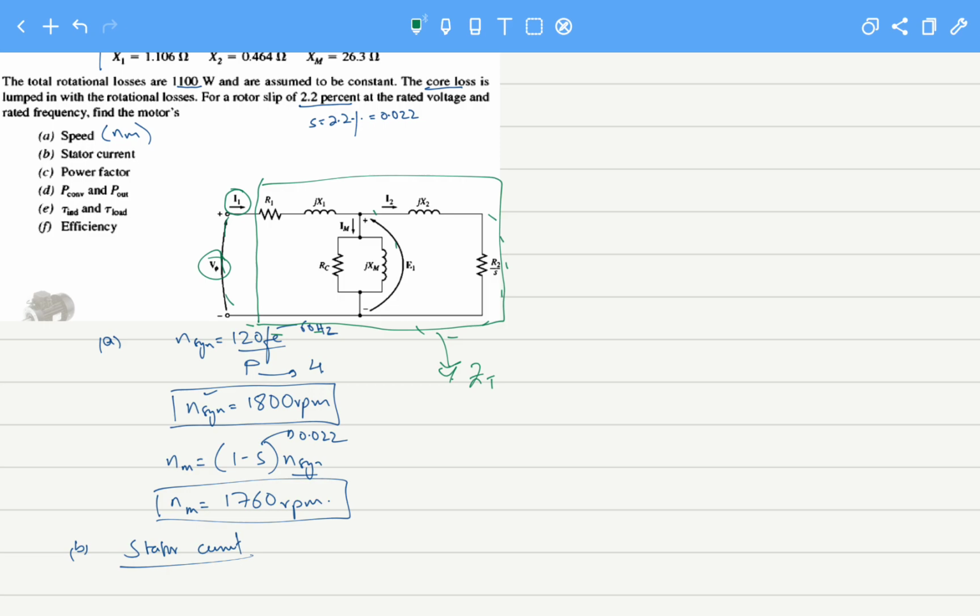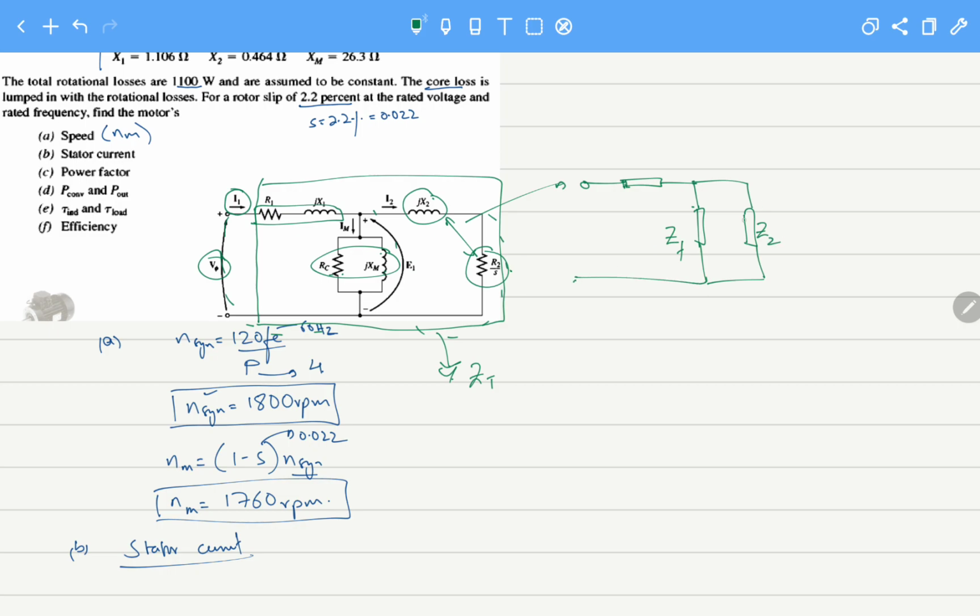One of the tricky or lengthy parts will be how to calculate the total impedance. In this scenario, these two resistances are in series, so we will find one impedance for this. These two are in parallel. I will call this ZF, and these two are in series, so I will call this Z2.